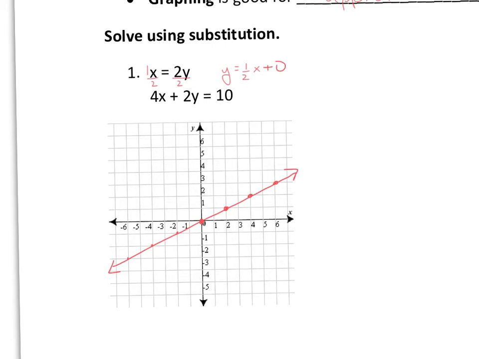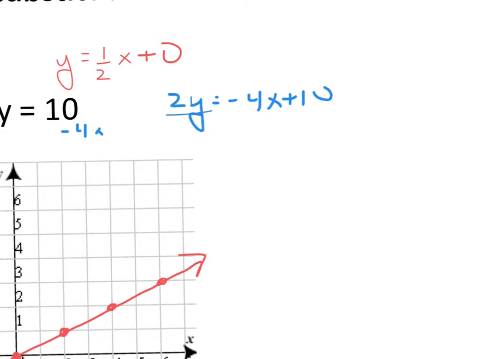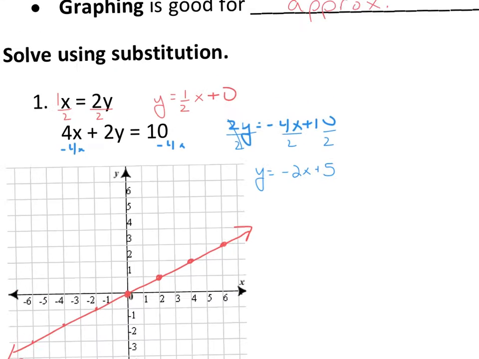Then I'm going to switch colors and do the next one. On this one, we're still solving for y. I'm going to start by subtracting that 4x off to the other side. So I have 2y equals negative 4x plus 10. Then I'm going to divide everything by 2, so I get y equals negative 2x plus 5.